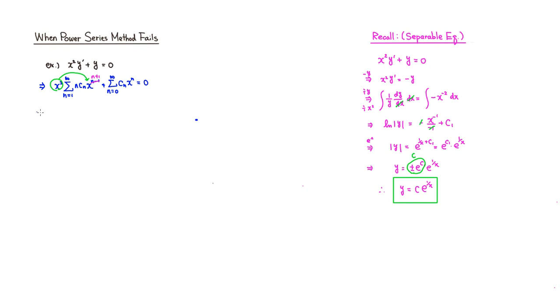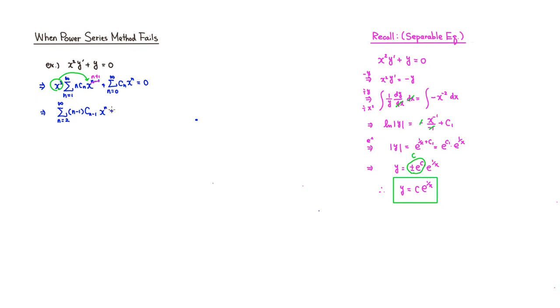So instead of starting from 1, I'm going to start one larger, with n equals 2 to infinity. Since it starts from a one larger number, I have to reduce the index by 1: n becomes n minus 1, Cn becomes Cn minus 1, and x to the n plus 1 becomes x to the n.